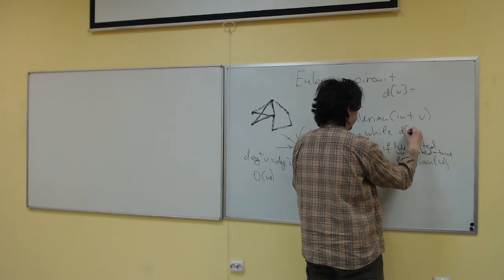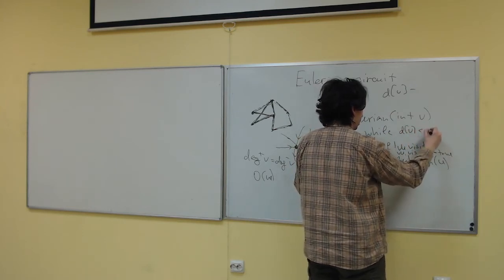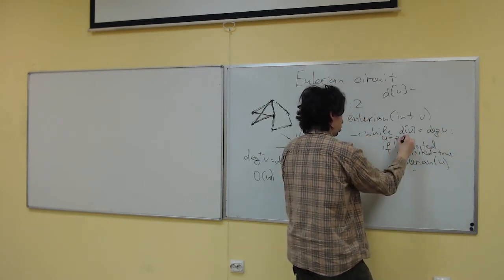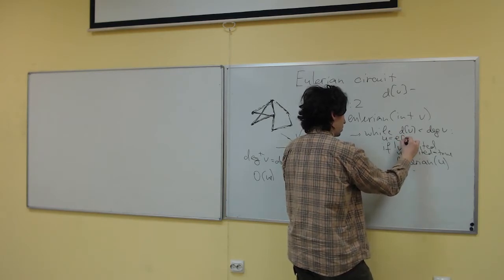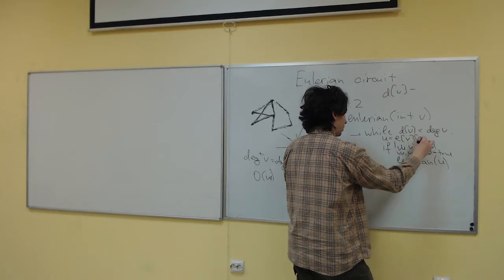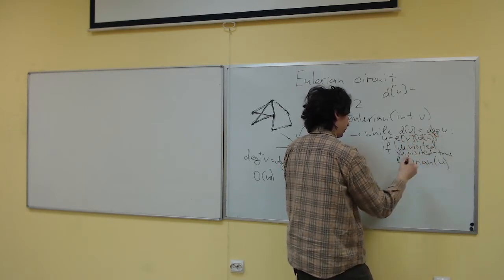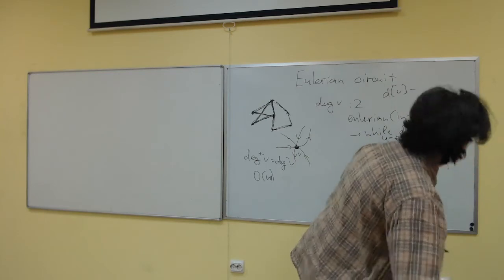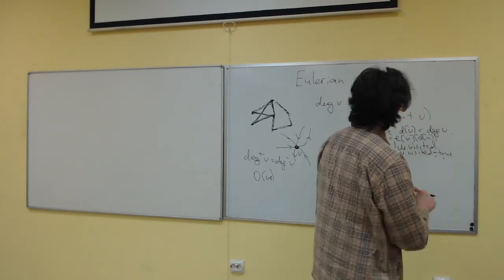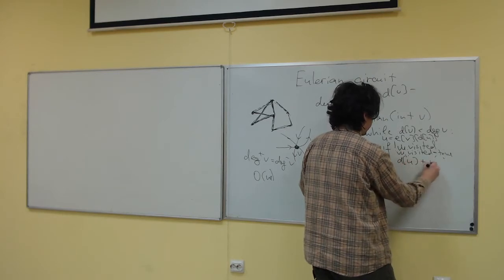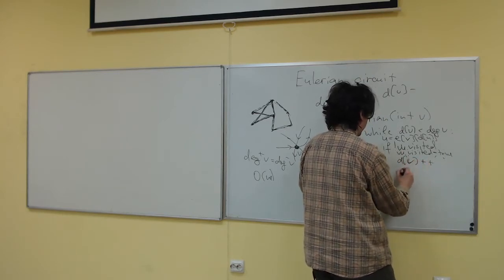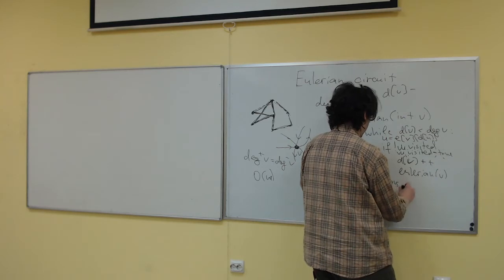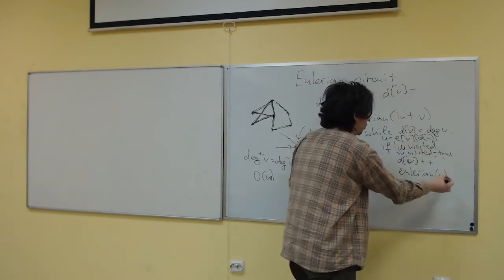So then, while d of v is less than deg v, we say u equals edge from v d of v, and you make d of v plus plus, Eulerian v, and then ans dot add v dot Eulerian u.